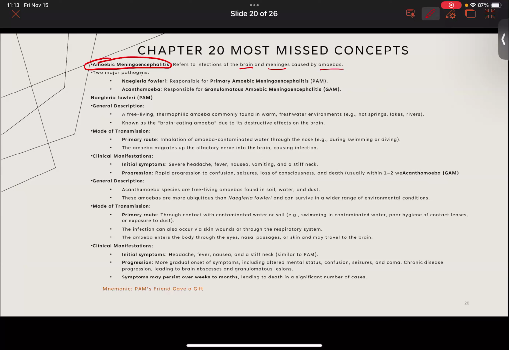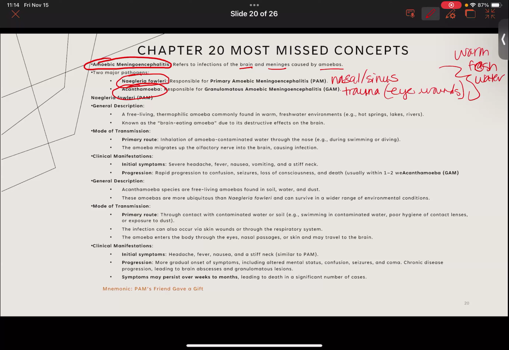These are Naegleria fowleri, which gets in through like nasal sinus passages. And then Acanthamoeba, which is usually going to get in through trauma, often of the eye or any other cuts or wounds. Both of these are found in fresh water. Okay, water. And it's usually warm, fresh water.